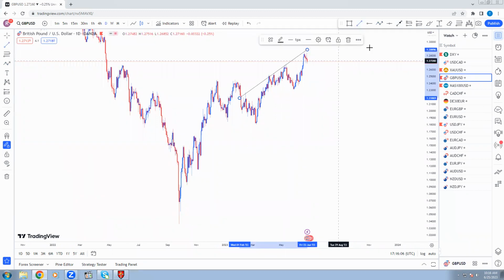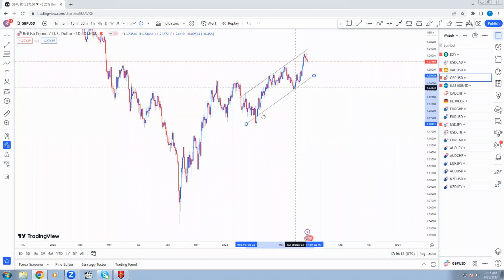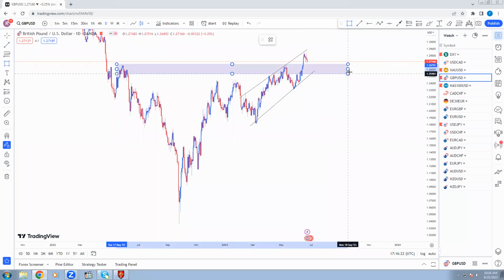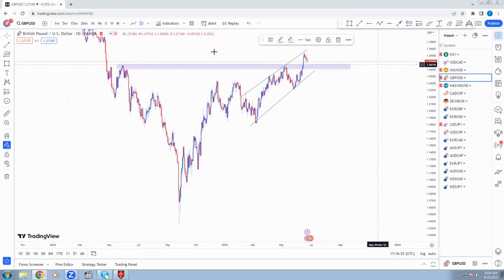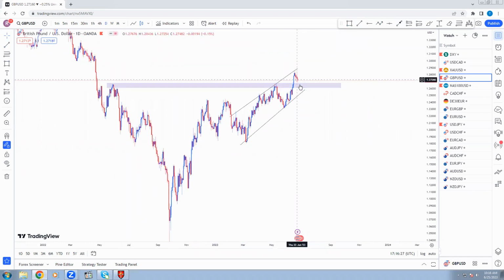Also try to clone it, put it below. But I take this as a very, very strong zone. And as you can see, the market is approaching this in a very corrective formation.